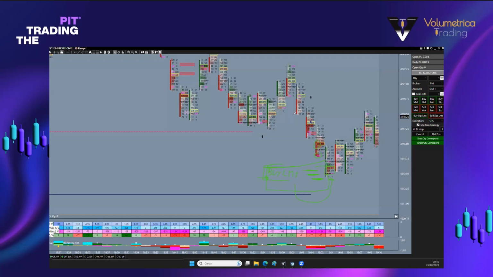If buyers step in on a down move, they have responded to the sellers seeking liquidity, seeking new buyers at cheaper prices. They have responded to that action. That's why it is called responsive buying.